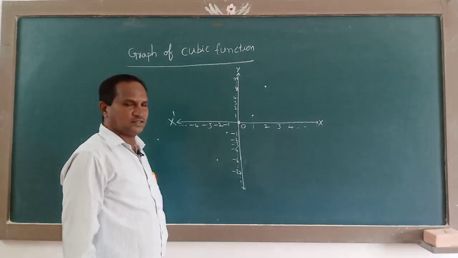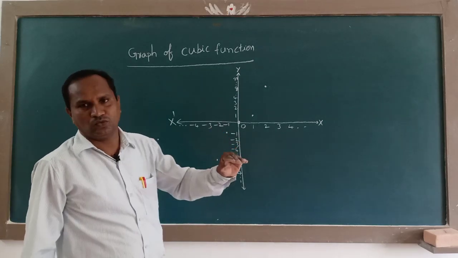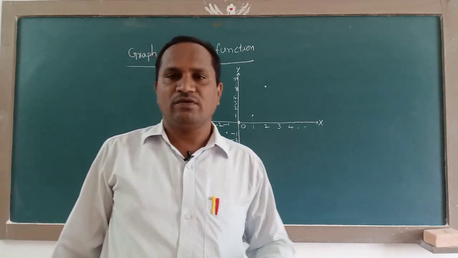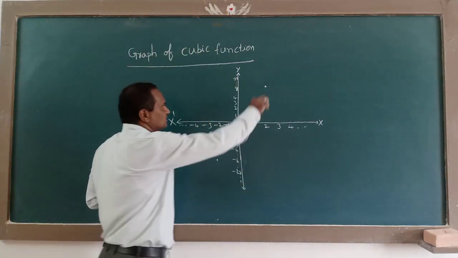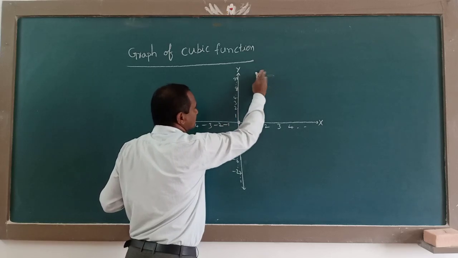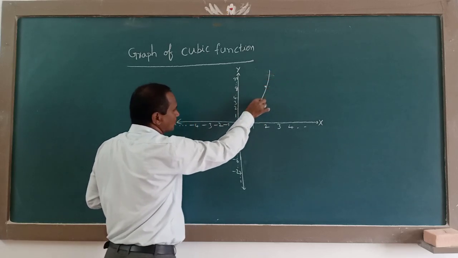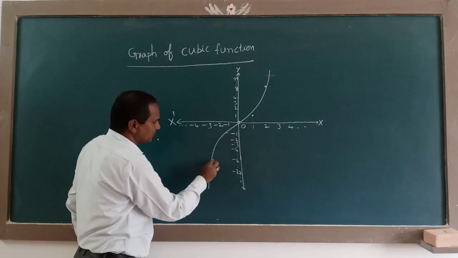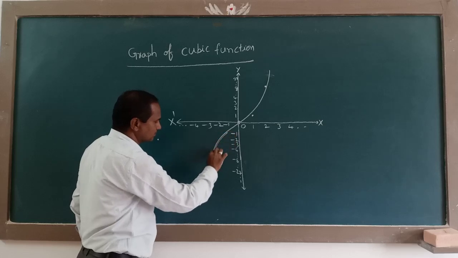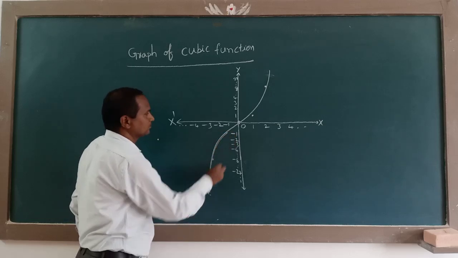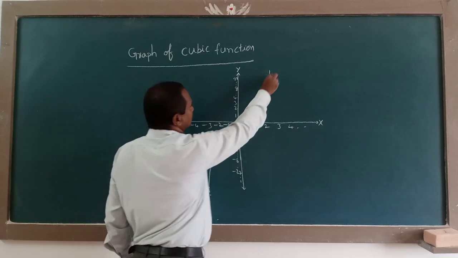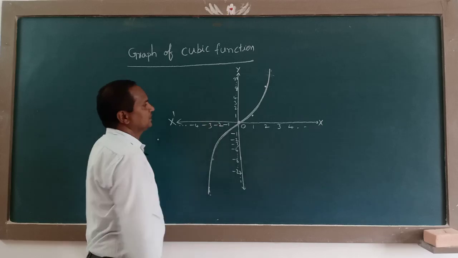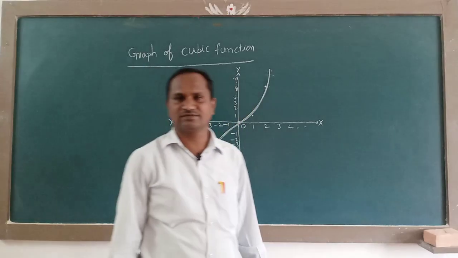Next, we join all the points with the freehand method like this. It is the graph of the cubic function.